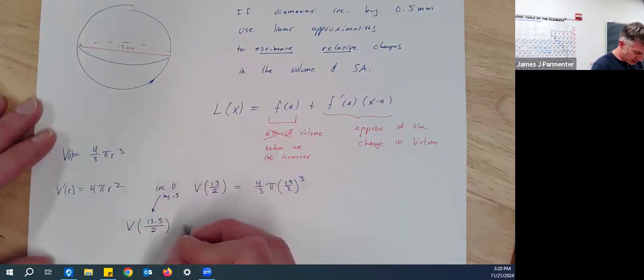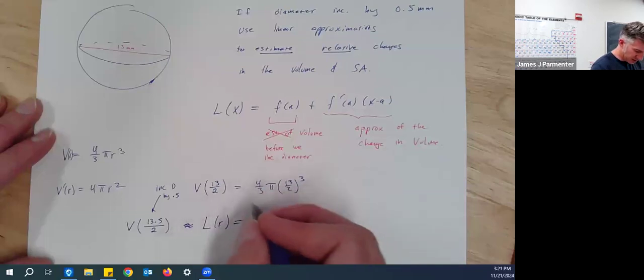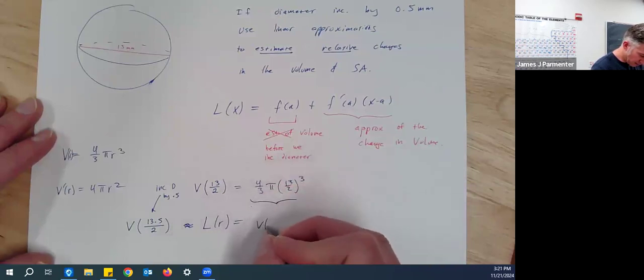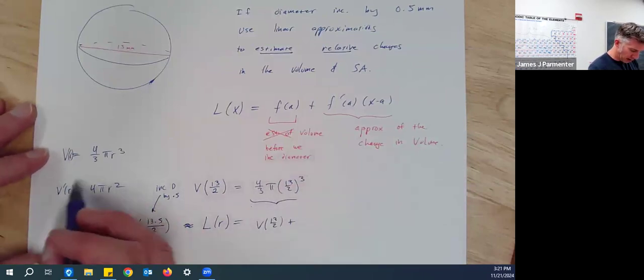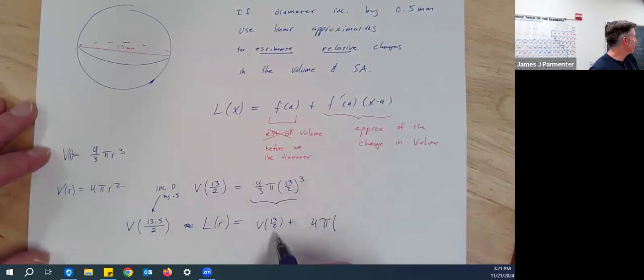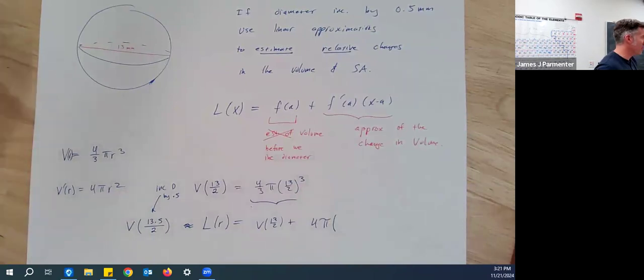Well, that's going to be approximated by our linearization, which is the nice value we just found, our V of 13/2, plus the derivative, which is 4 pi r squared. So 4 pi times our nice value, and nice here is really relative, right? 13/2 is not a nice number to be plugging into anything, but it's better than 13.5/2.